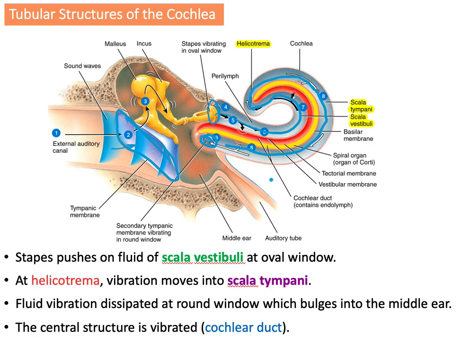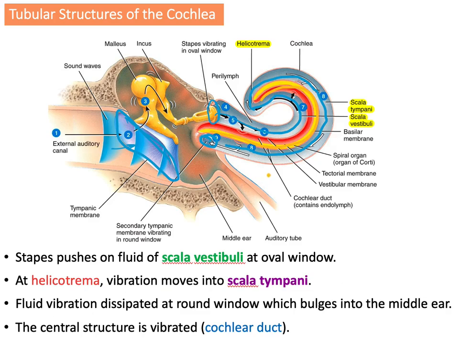Now, what will happen when the perilymph vibrates and moves in this way? It moves the central duct, the cochlear duct.